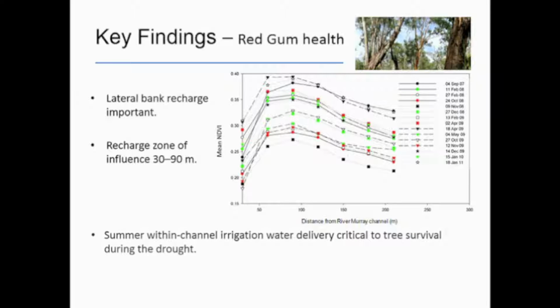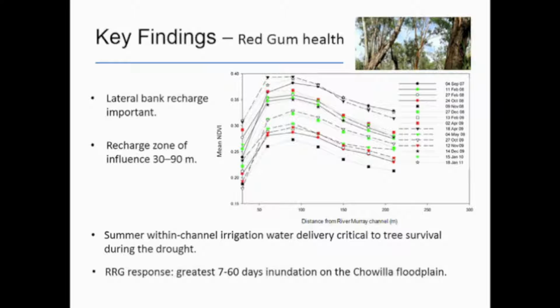Interestingly, summer irrigation within-channel flows actually play an important role in maintaining tree survival during the drought period. And river red gum's response was greatest between 7 to 60 days of inundation on the Chowilla floodplain.